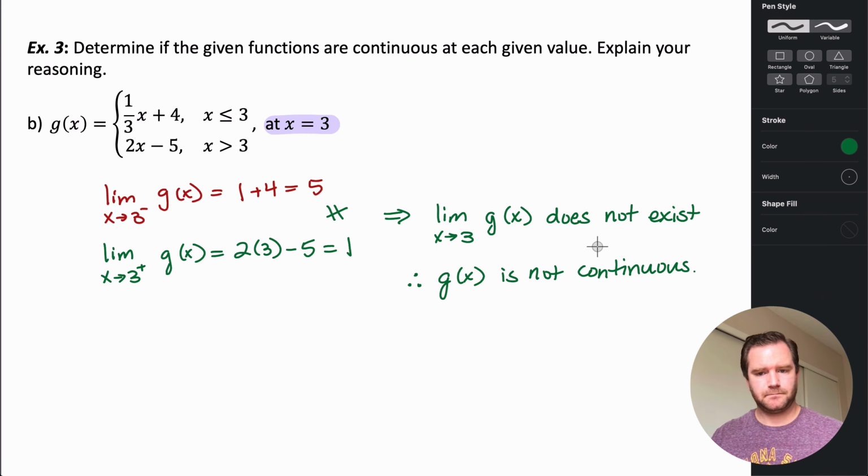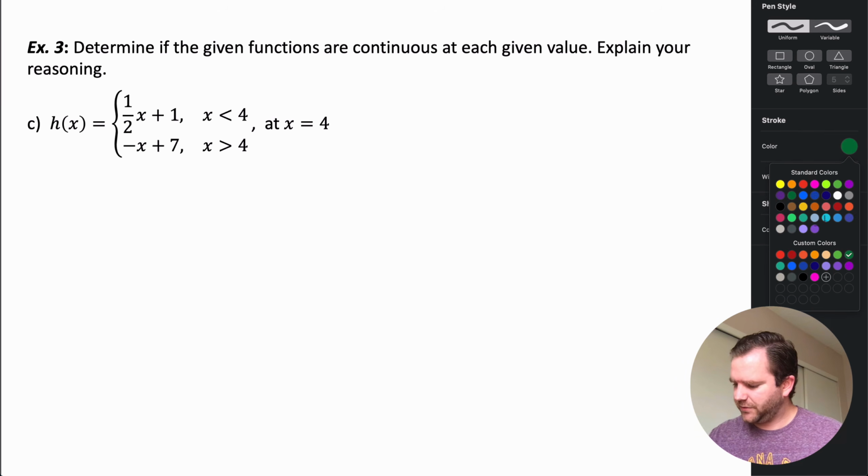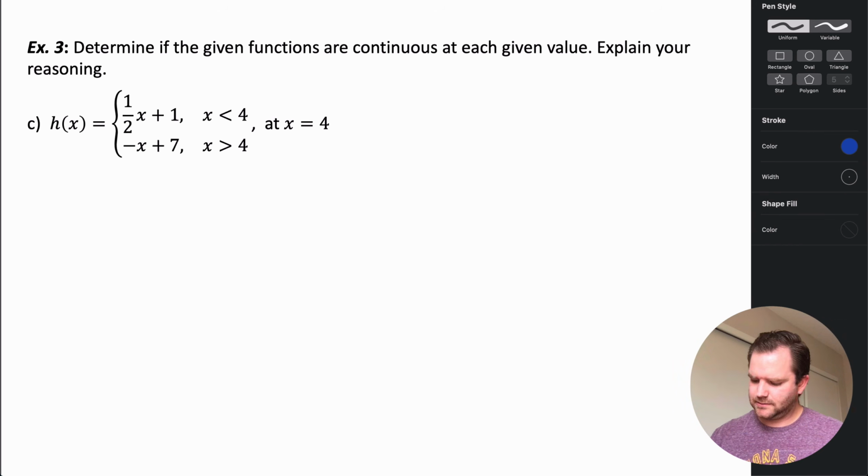All right. And then in part C, we're asked to determine if h is continuous at x equals 4. Something kind of interesting and a quick little hack here: if we look at the conditions of this piecewise function, this is true for values of x less than 4, and this is true for values of x greater than 4.